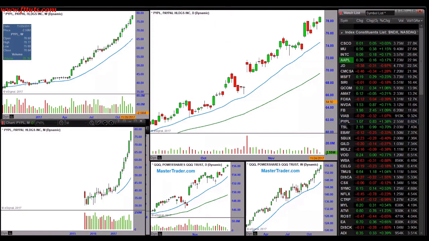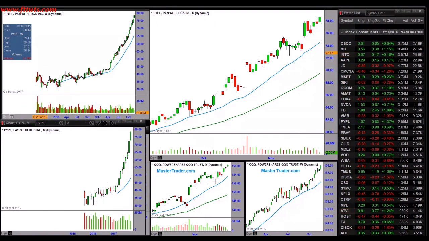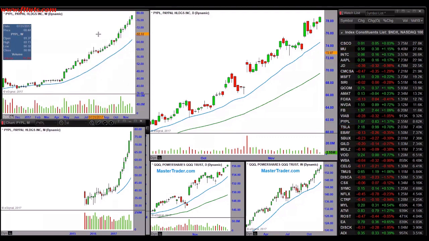PayPal's been a huge winner this year. That and Square was doing nothing or chopping around for a long time, and things came together in 2017. Wide range bar igniting, consolidation, up, up, up, no pivots, pullbacks, monthly straight up, is climactic, even ignored this wide range bar.